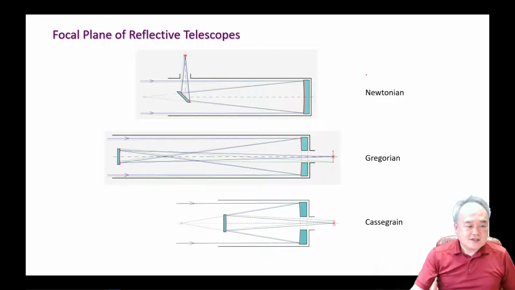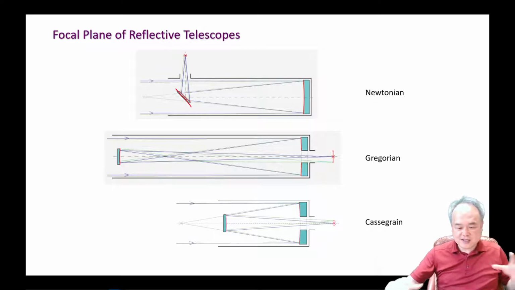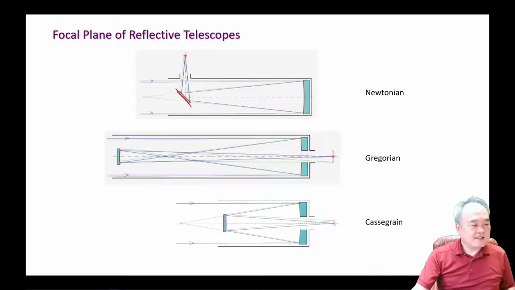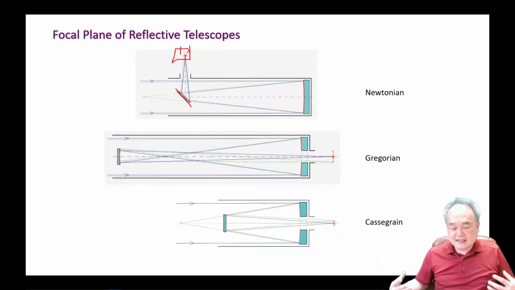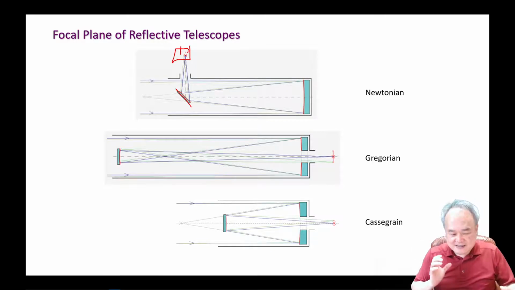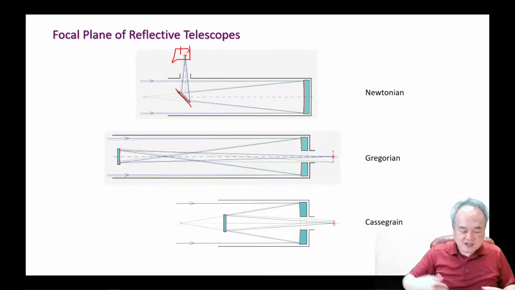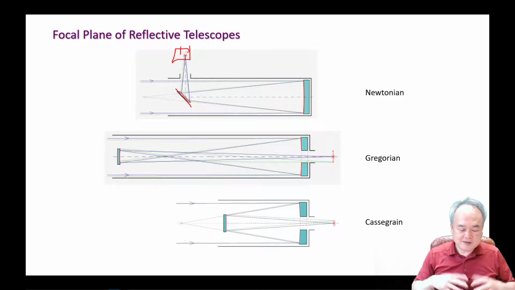So the famous Isaac Newton, in his telescope design, put a tilted mirror close to the entrance of the telescope tube and brought the focus out of the tube, so that you can put an eyepiece here, and the observer can see without obstructing the primary mirror or the telescope tube.